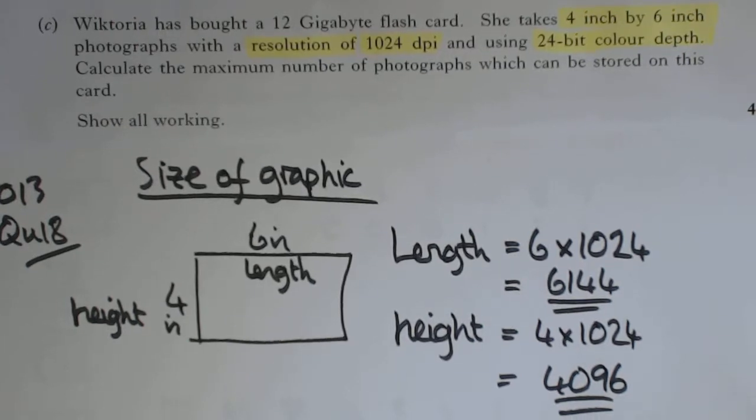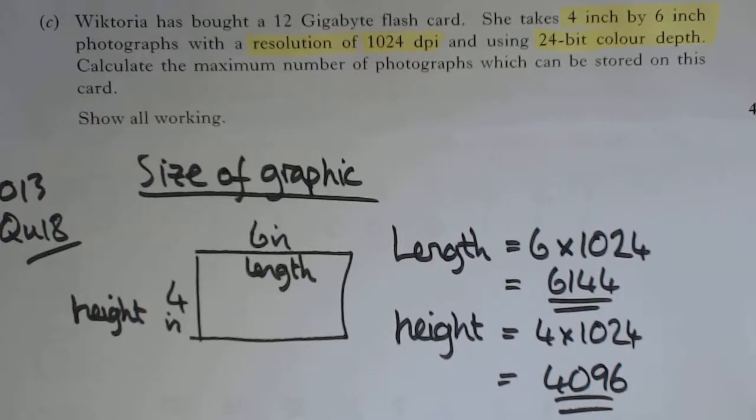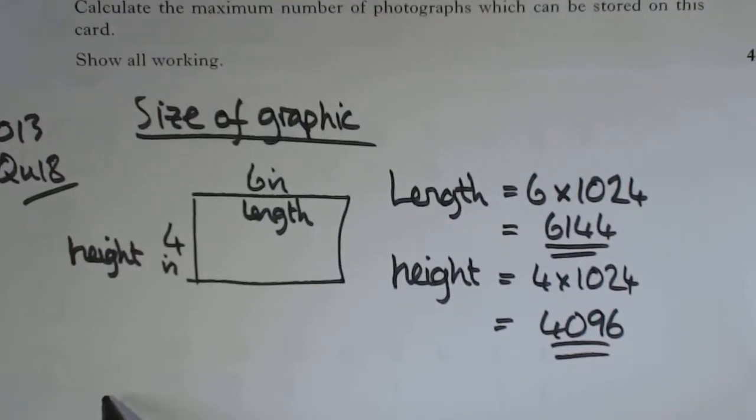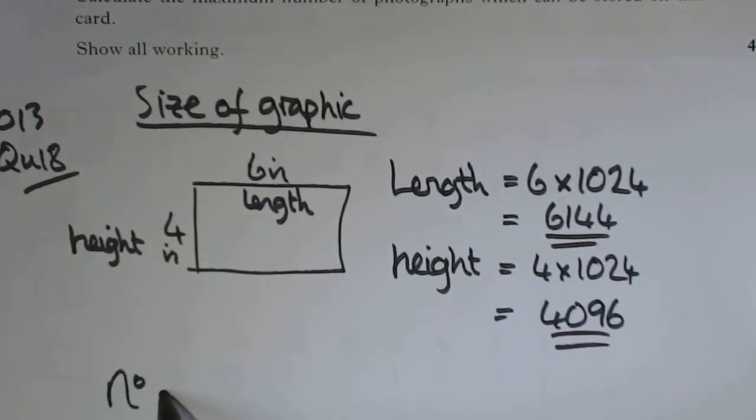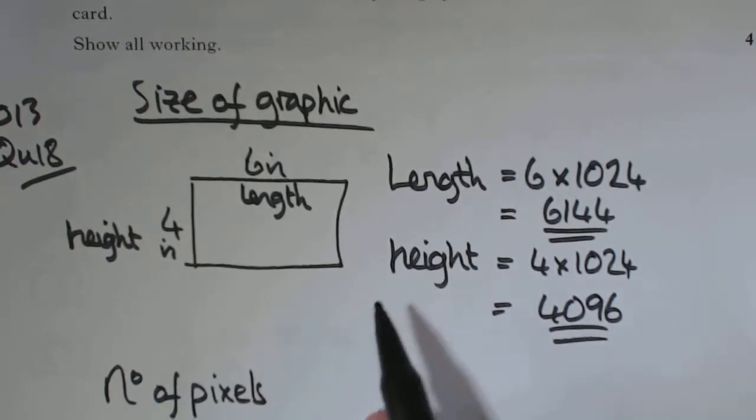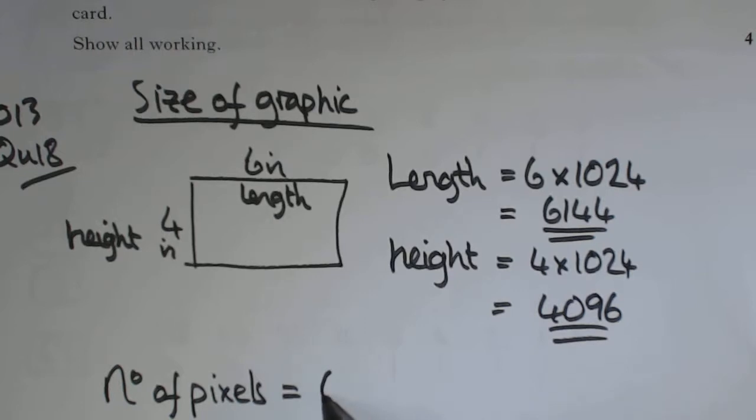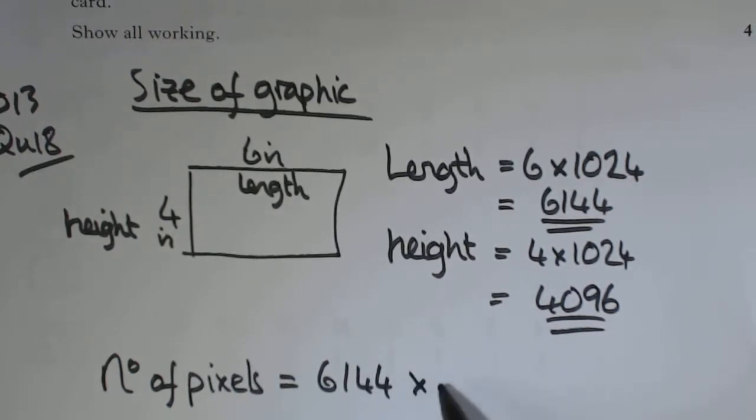Now to calculate the number of pixels, all we're going to do is calculate the area. So the number of pixels equals length times height, which equals 6144 times 4096.